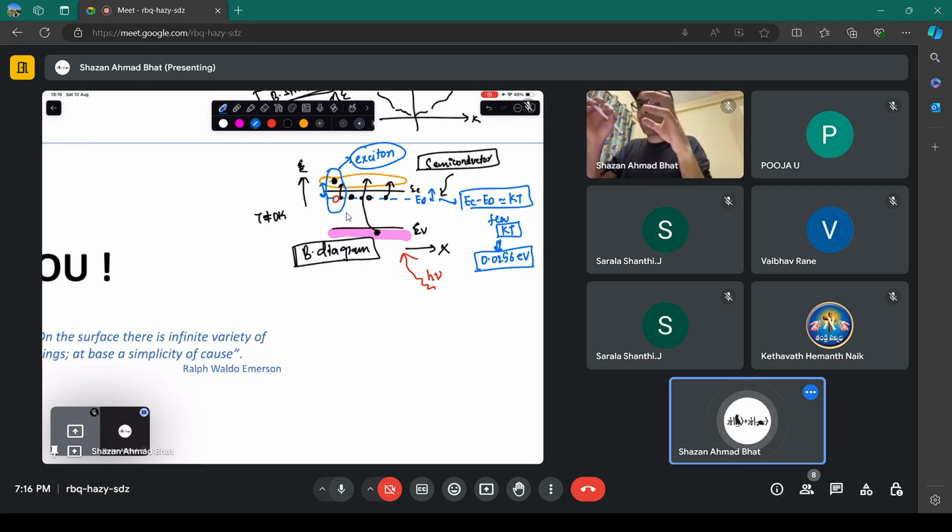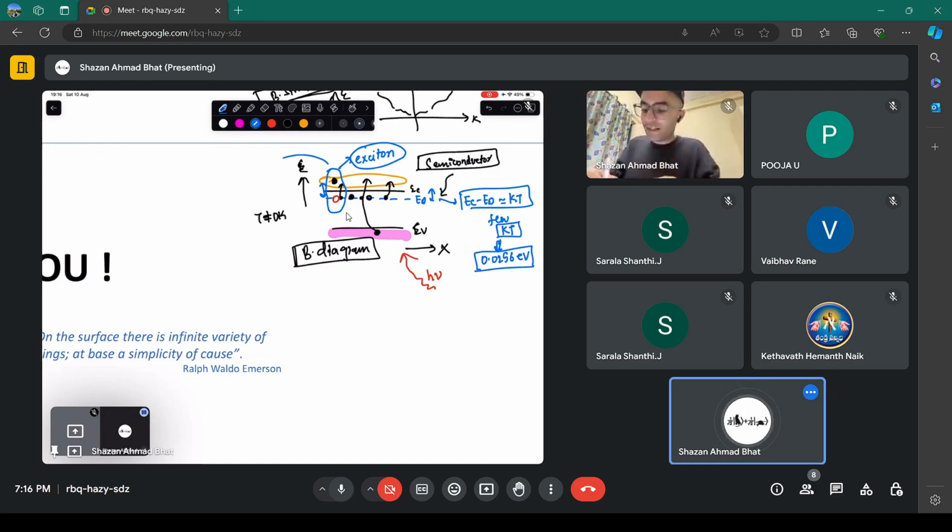Yes, you are correct, they can recombine. But here we are assuming that the recombination time is much, much greater. They are definitely going to recombine in the end, but we are taking them as a single entity here. So they move as a single entity.